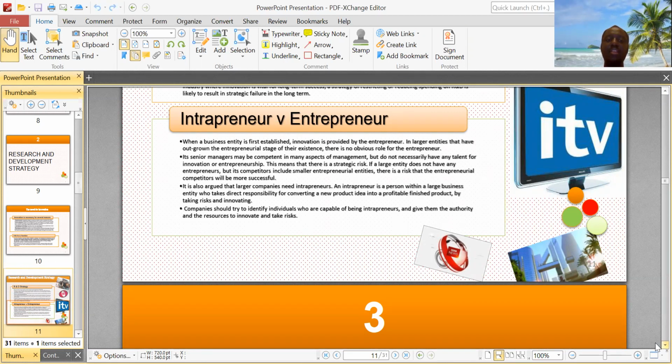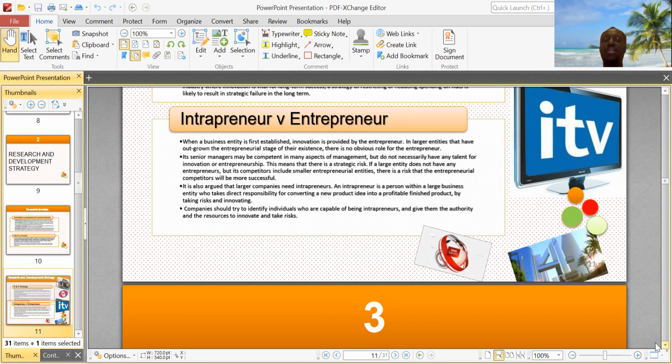Its senior managers may be competent in many aspects of management, but do not necessarily have any talents for innovation or entrepreneurship. This means that there's a strategic risk. If a large entity does not have any entrepreneurs, but its competitors include smaller entrepreneurial entities, there's a risk that the entrepreneurial competitors will be more successful.